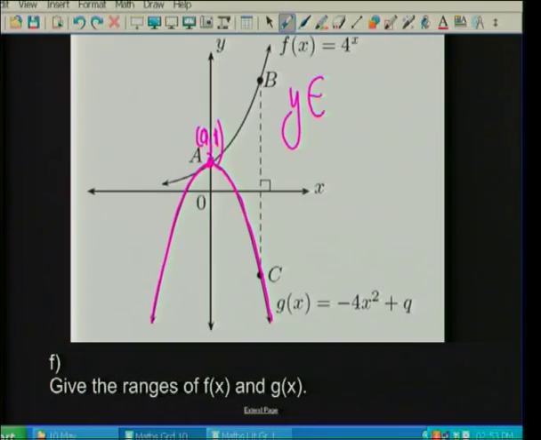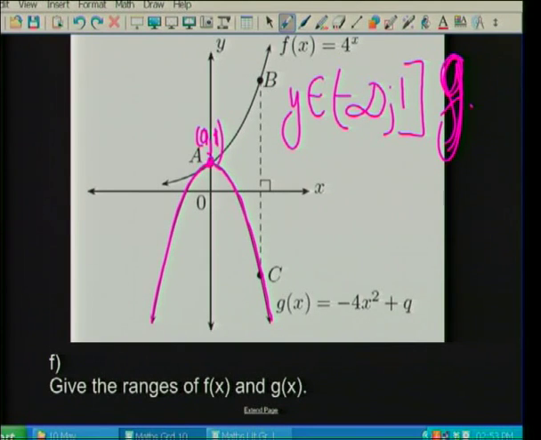I'm actually going to write it the other way around so that it's in numerical order. So basically, from negative infinity up to 1. So I'm going to say round bracket, negative infinity, and a square bracket for 1. That is my range of g, rather.